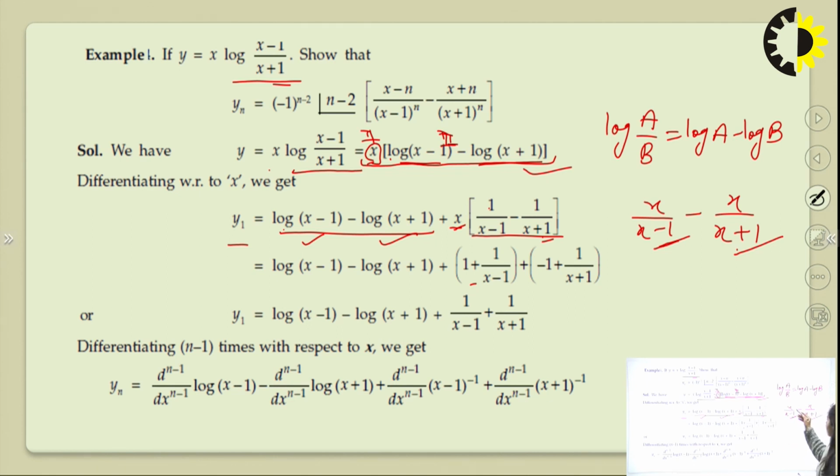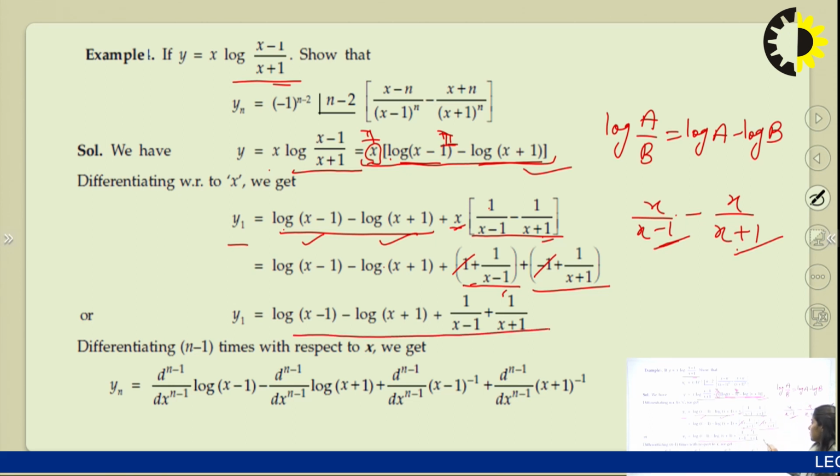So to convert these two terms into standard form, we can write this term as 1 plus 1 upon x minus 1, and minus x upon x plus 1, we can write this term as minus 1 plus 1 upon x plus 1. So now 1 will be cancelled out by minus 1, and now we have these terms, and all terms are in standard form.